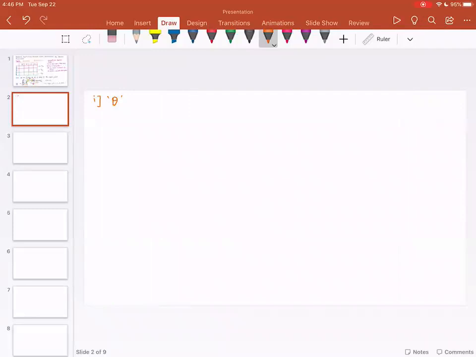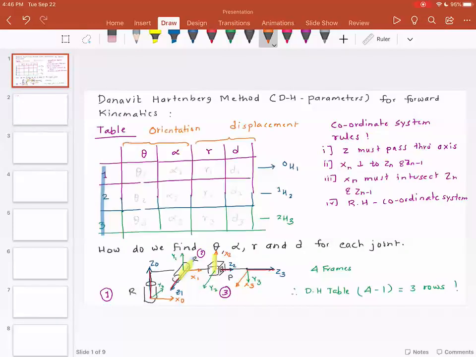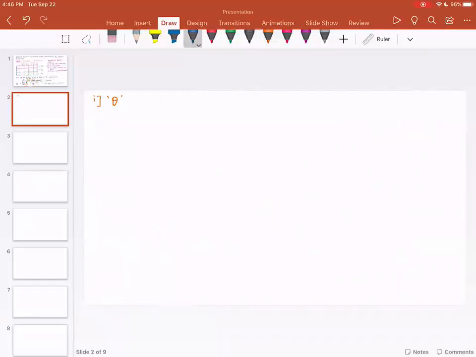And theta is defined as the amount of rotation about the Zn minus 1 axis, so that Xn minus 1 and Xn get aligned, including the joint angle.